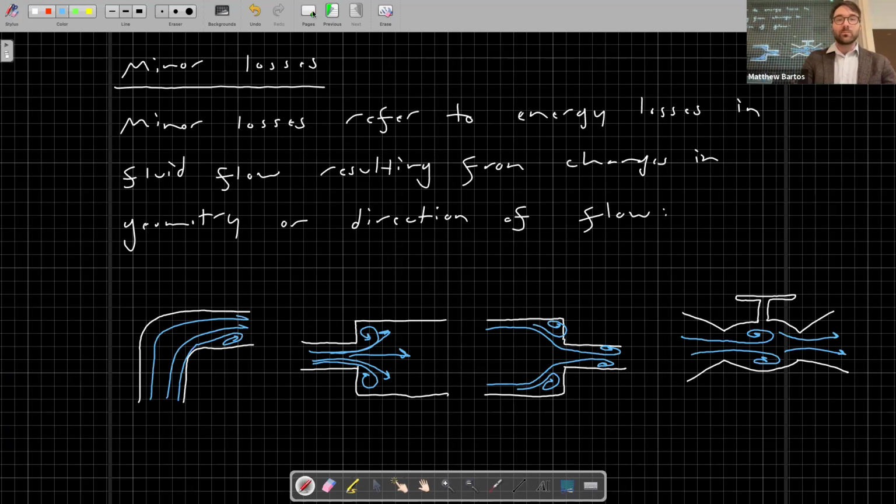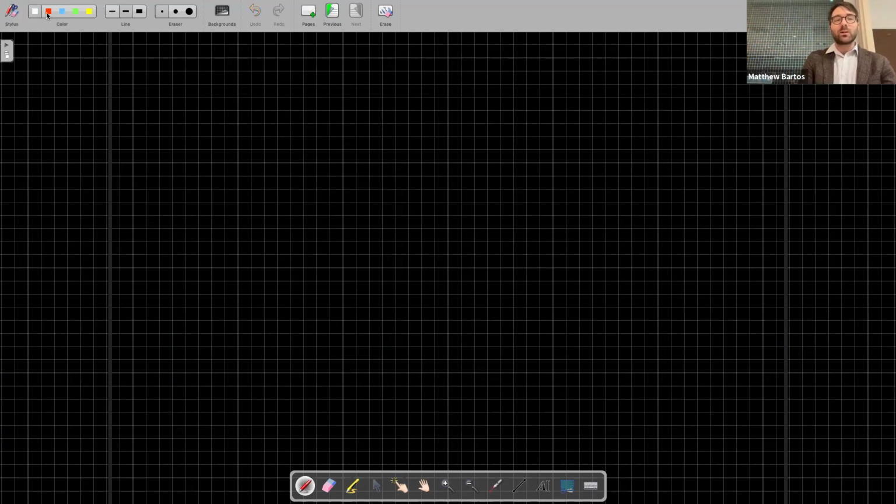So in general, we're going to use one equation essentially for computing minor losses. All of the minor losses will take the form of the following general equation with some differences. So the general equation for minor losses is a quadratic function of the velocity of flow.